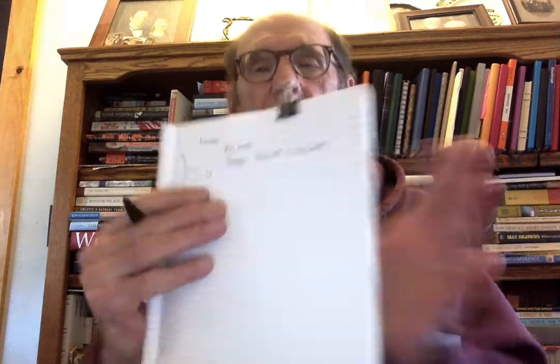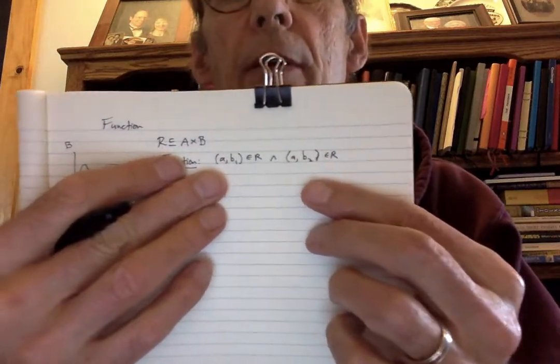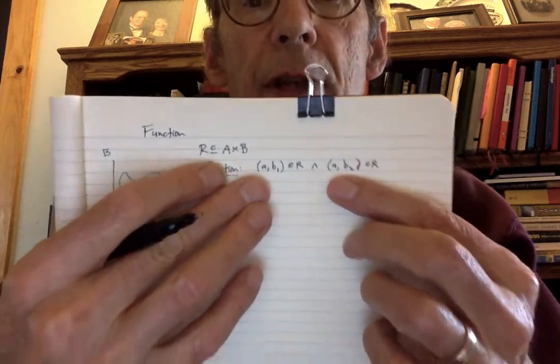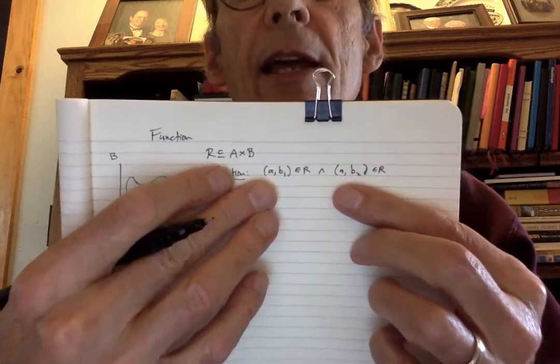And that's a little bit of a mouthful to put into symbols, but I'm going to do it. So this relation R is a function if we have (a, b1) in R and (a, b2) in R. So I've got a couple of potential ordered pairs that are inside this relation, and they have the same first entry, the same entry from the set A. And so the distinction here to be a function is that if this happens, then b1 and b2 actually must in fact be the same.